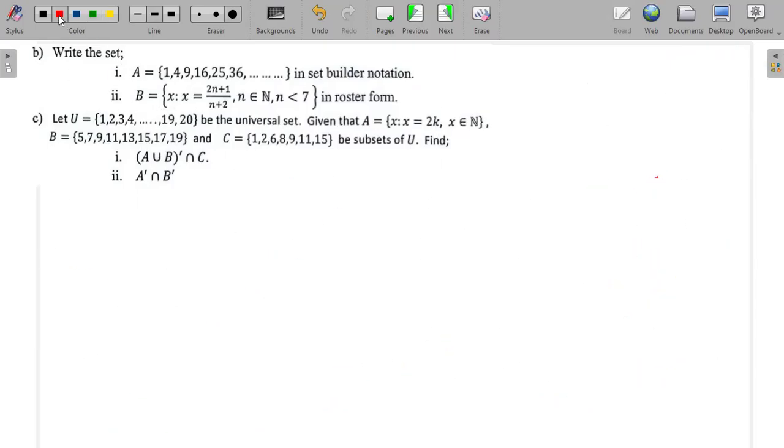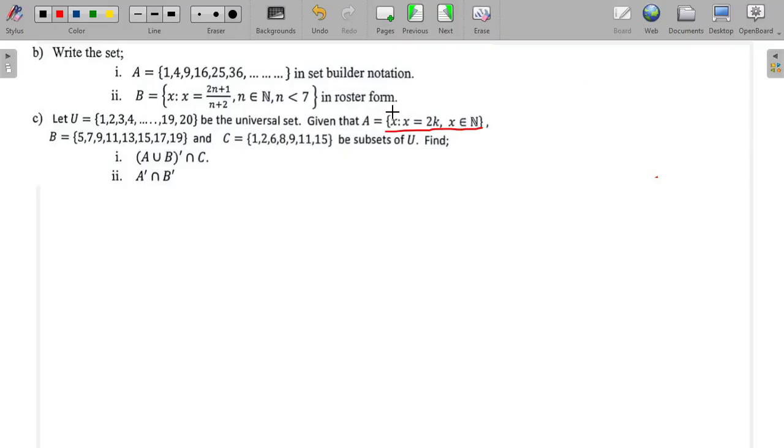So C, they're saying let the universal set U be the numbers 1 all the way up to 20. Given that set A, they've given set A in terms of set builder notation.